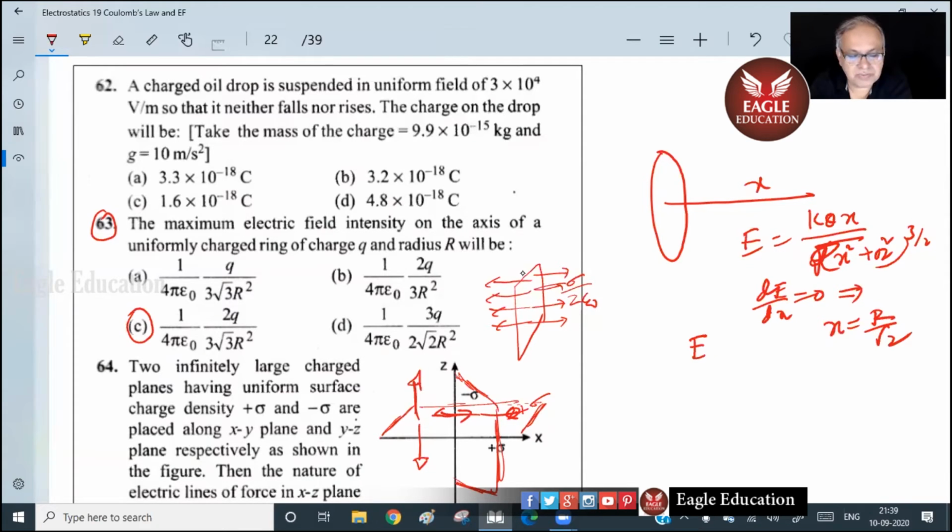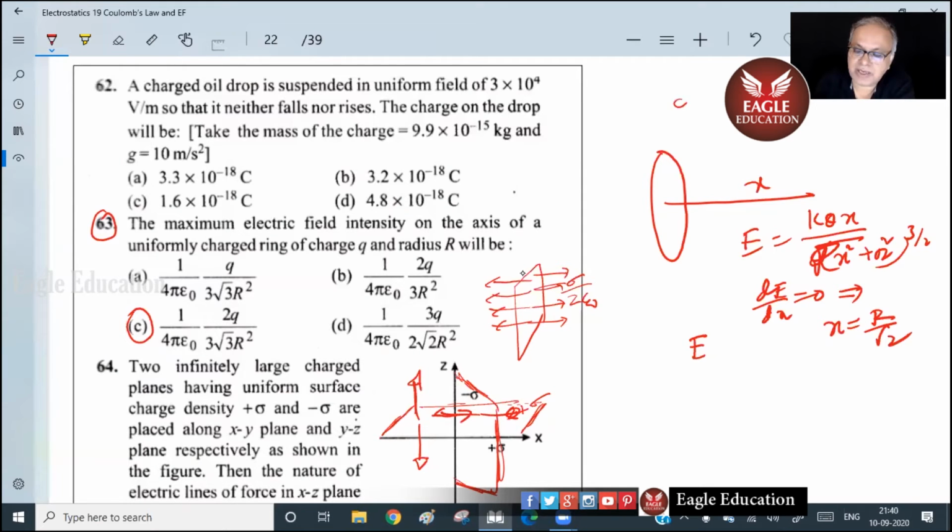Then look at 62. A charged oil drop is suspended in the uniform field of so much, so that it neither falls nor rises. The charge on the drop will be very simple.